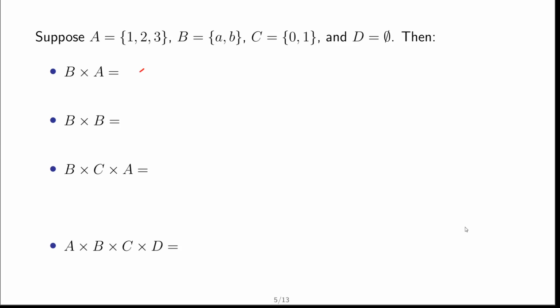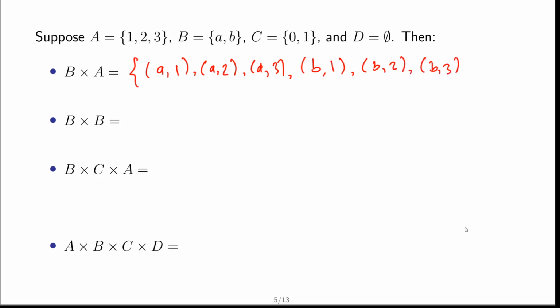Given the set above, what is B times A? Well, B times A should be the pairs (a, 1), (a, 2), (a, 3), and the pairs (b, 1), (b, 2), (b, 3). So you have 6 pairs. What about B times B?